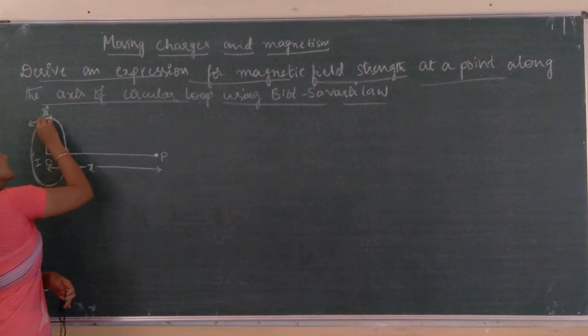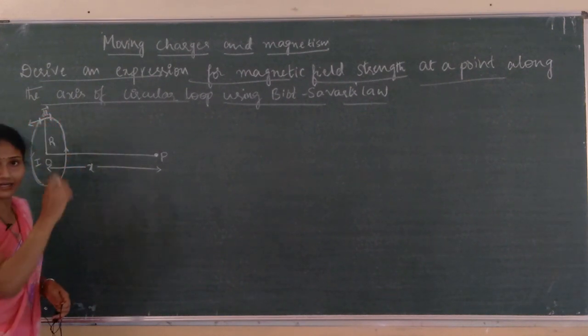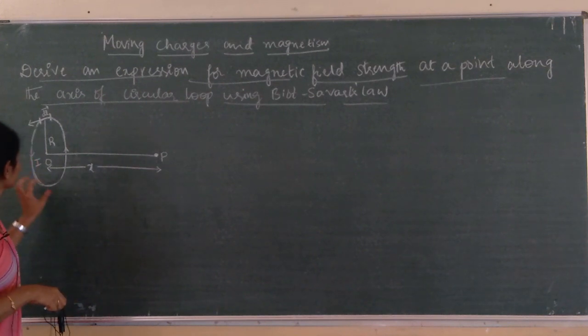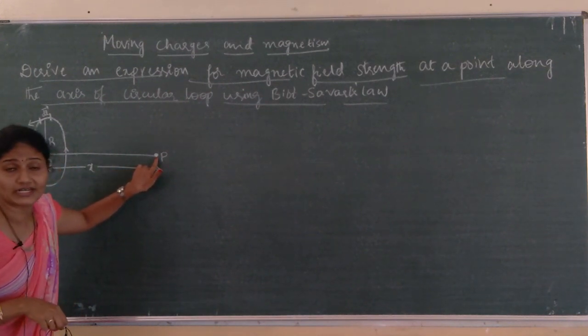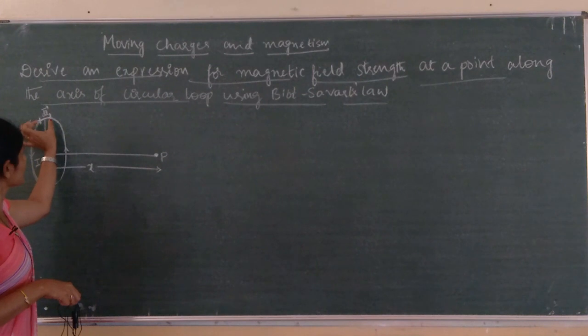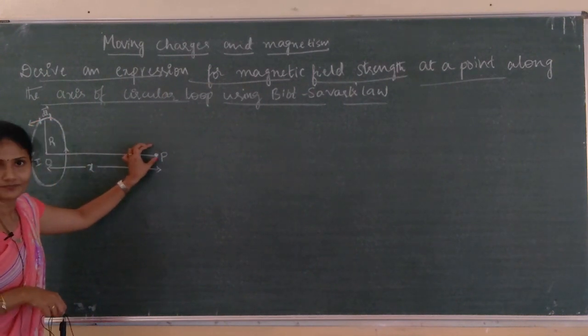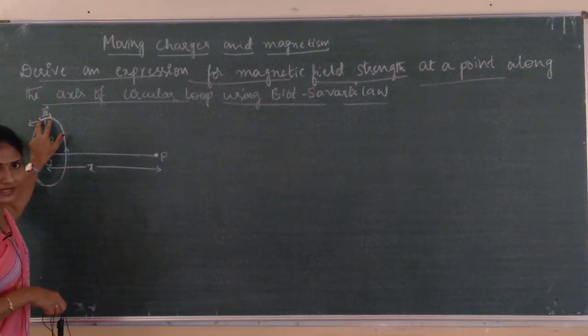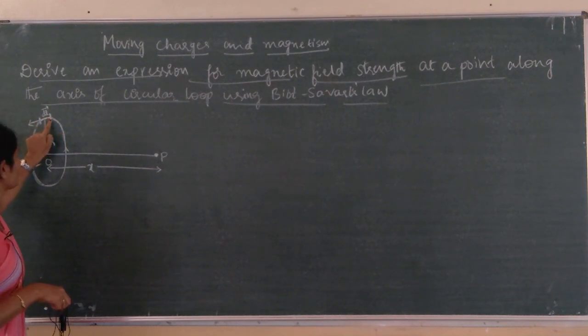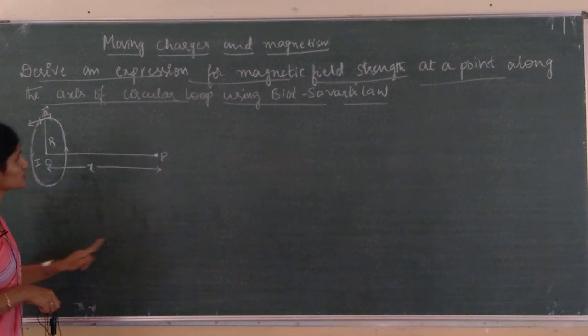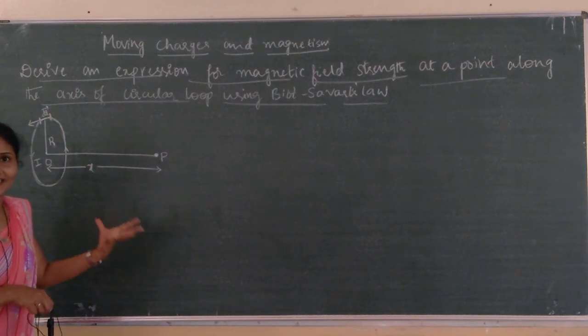I will consider a small, infinitely small line element dl. Now we have to see what is the strength of the magnetic field at this point due to this line element dl. We know that when current flows through this line element, in the space we have the magnetic field.